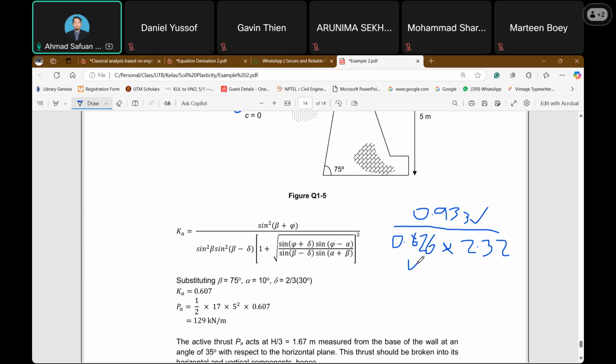The last one, sin 10 plus 55, sin 10 plus 75, square root 1 plus power by 2. Okay, 2.95.